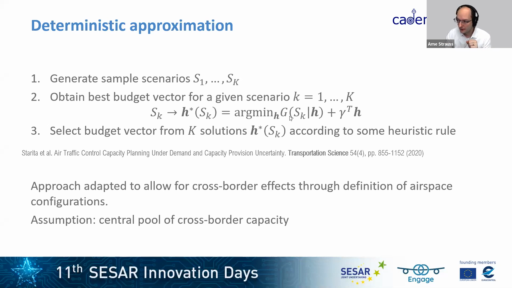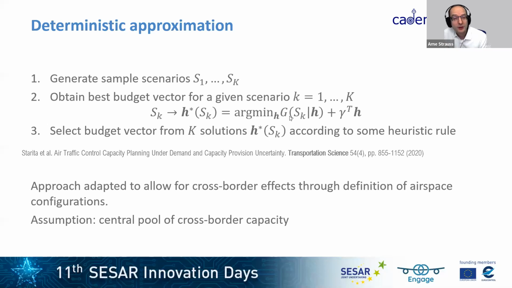And accordingly, from that process, we are getting a whole range of solutions, namely capital K many solutions, and according to a certain heuristic rule that we proposed in that paper, we're then selecting that specific decision vector.